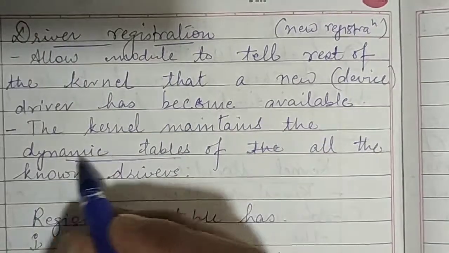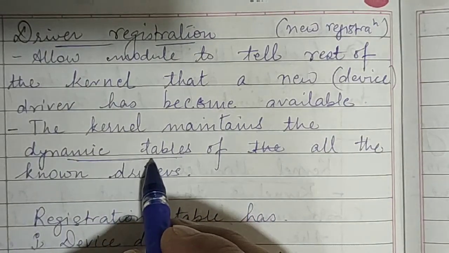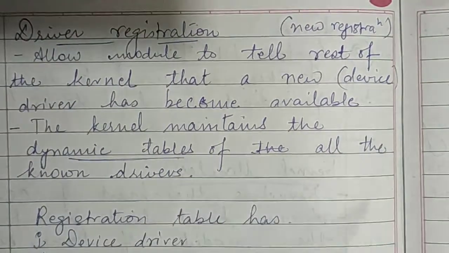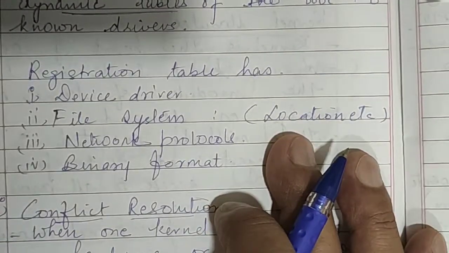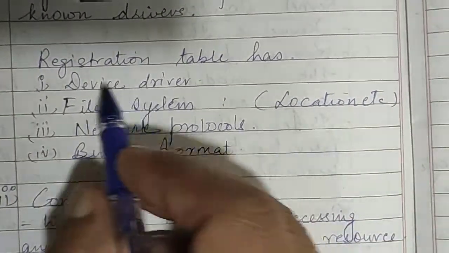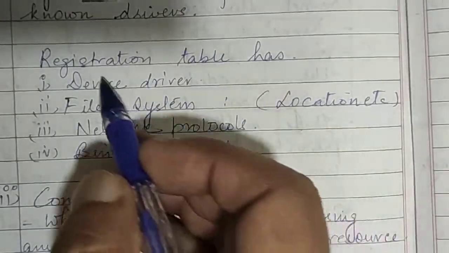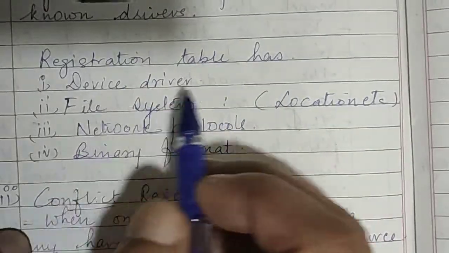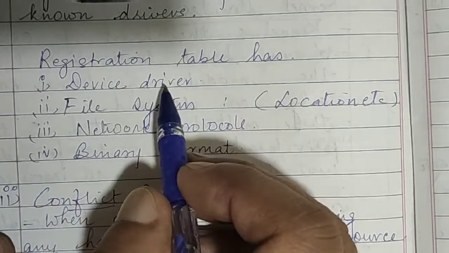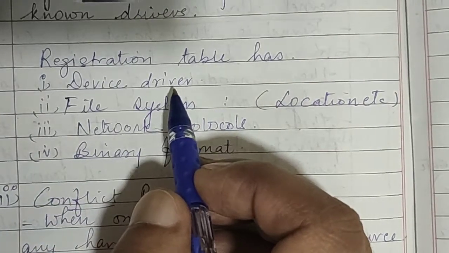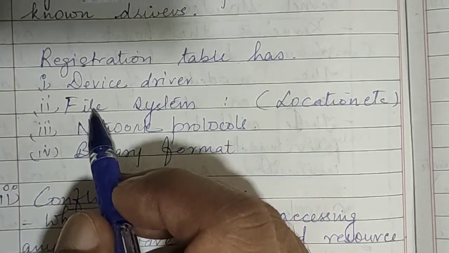This is because the kernel maintains the dynamic tables of all the known drivers. Now the registration table has certain columns, such as device driver, meaning the name and details of the device driver.